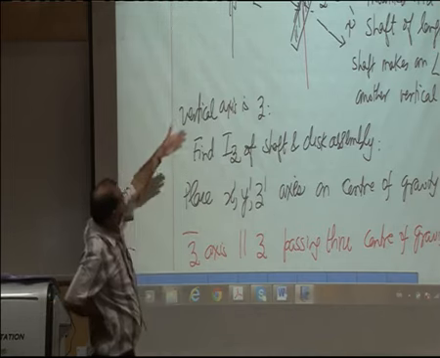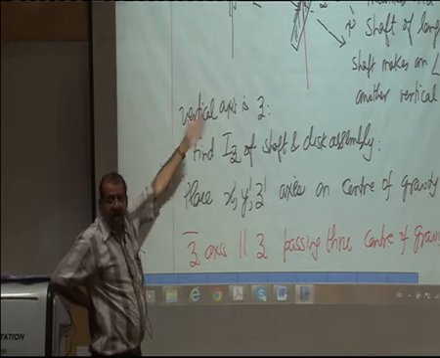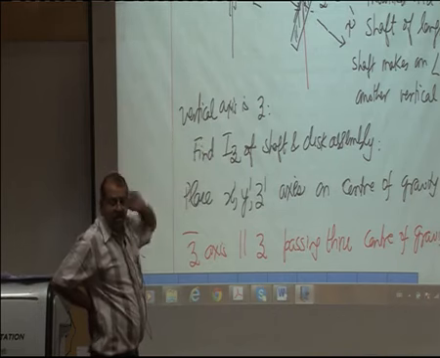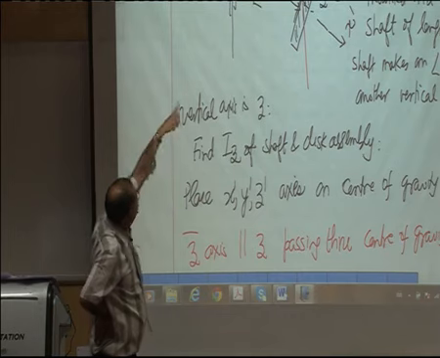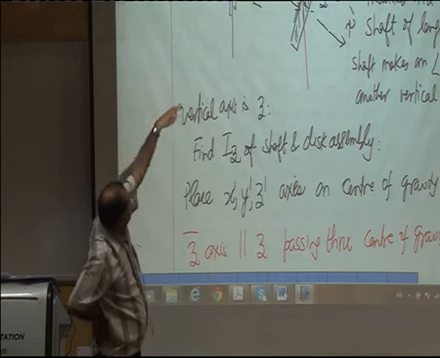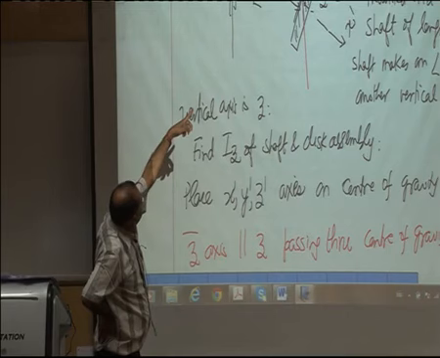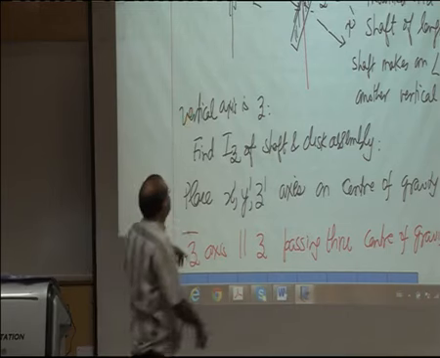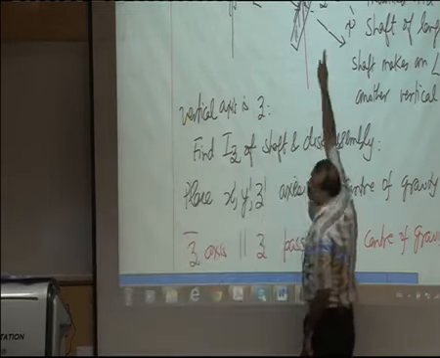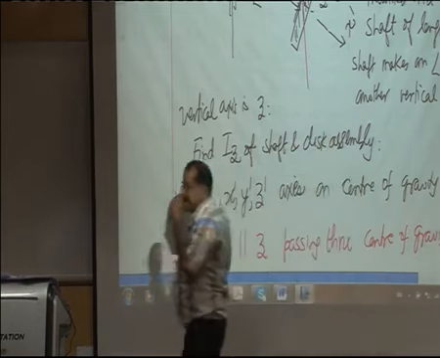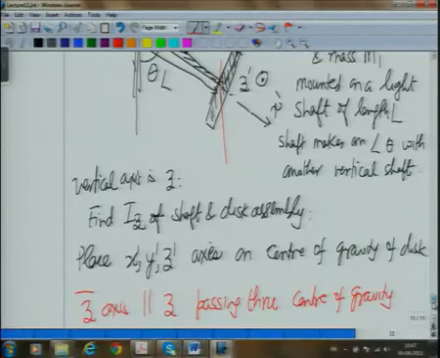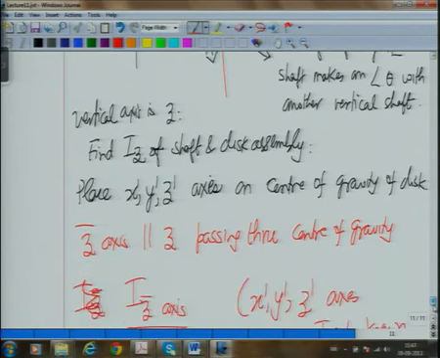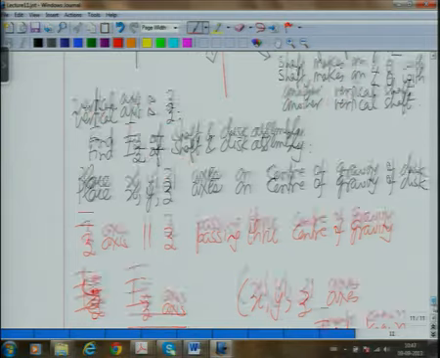How is it obtuse? If this angle is acute, what will be the other angle? 90 minus theta. Let's see, look at the y axis going up, and this angle. It will depend on how you are looking at y prime, whether it's going upwards or downwards. If z prime is going upwards, it will be just sin theta. If I was looking at it downwards, it doesn't matter, as you will see.